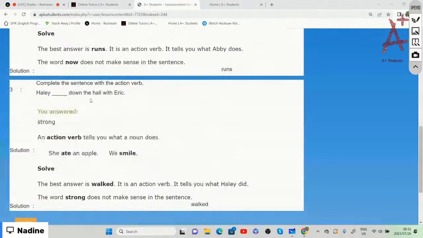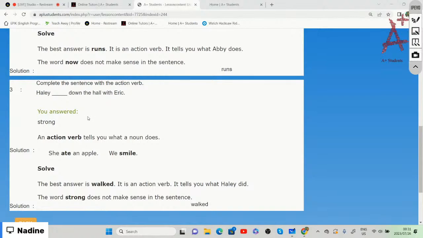Haley down the hall with Eric, right? A possible answer, or trick answer, is "strong." But if we add that word "strong" to the sentence, it says Haley strong down the hall with Eric. And the word "strong" does not go in that sentence, right?